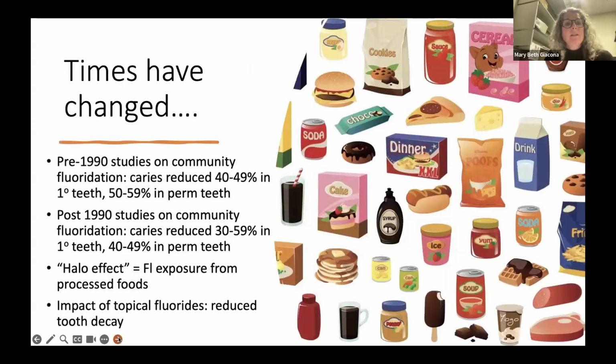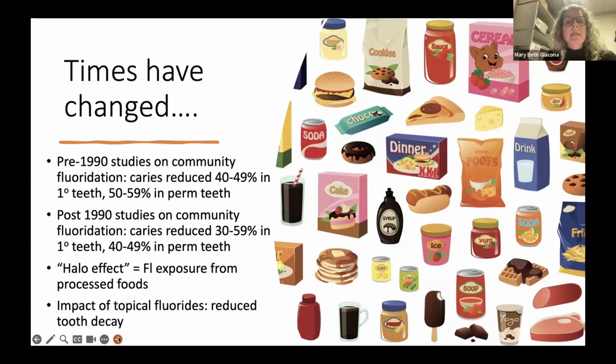So times have changed. Prior to 1990, when studies were done on community fluoridation, the caries were reduced almost 50% across the board. And as I mentioned, those first studies done back in the 1940s and 50s, before fluoridated toothpaste was widely available anyway, showed 60% or higher reduction in tooth decay.